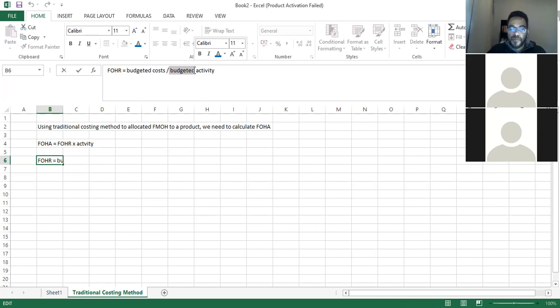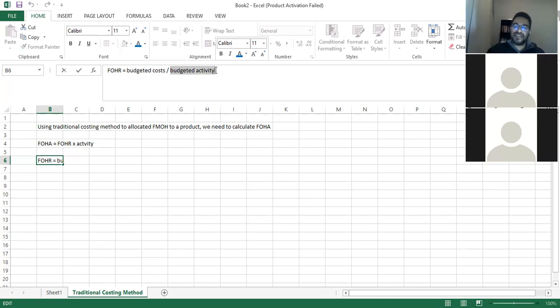But that is per unit. We don't want it per unit. We want total. Okay, so therefore, how are we going to get the total budgeted hours? Remember, how we're going to get total is by saying 4 hours of smart C per unit produced multiplied by the total number of units produced in 2019, and 8 hours per unit for smart C multiplied by the total number of units produced for smart C in 2019.